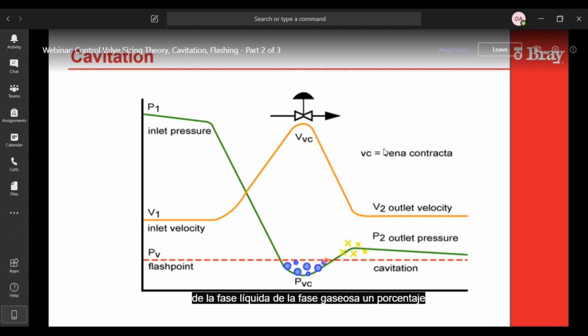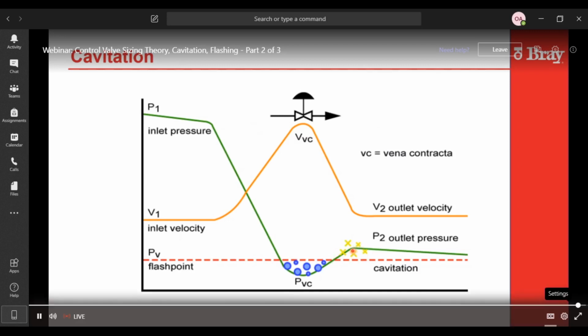A percentage of the liquid will form gas bubbles because it's now being told it should be a gas at that pressure. And then downstream the pressure recovers because of the larger diameter, and you get the bubbles collapsing. So you go back to all liquid phase at that point.